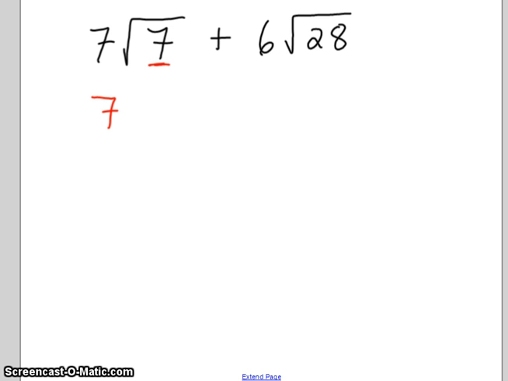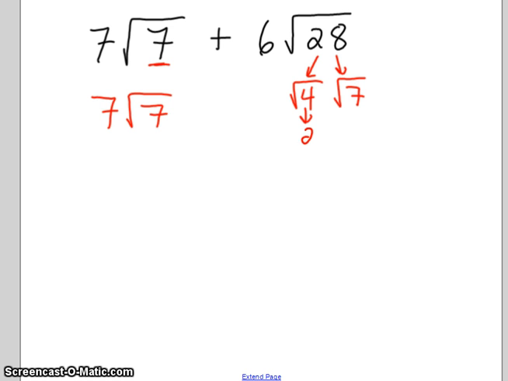We can't simplify it. We'll just leave it as it is. However, the square root of 28, we could simplify. A perfect square that goes into 28 is 4.